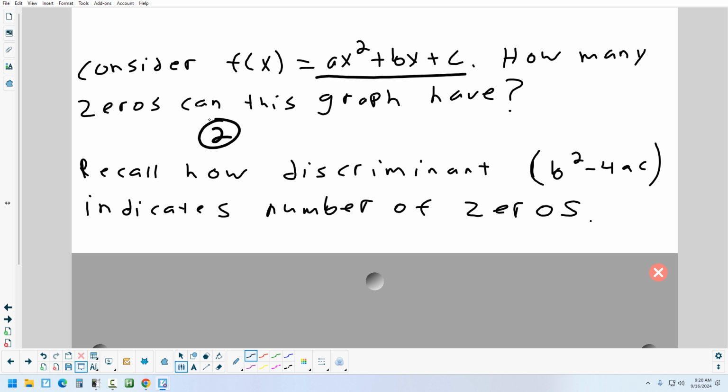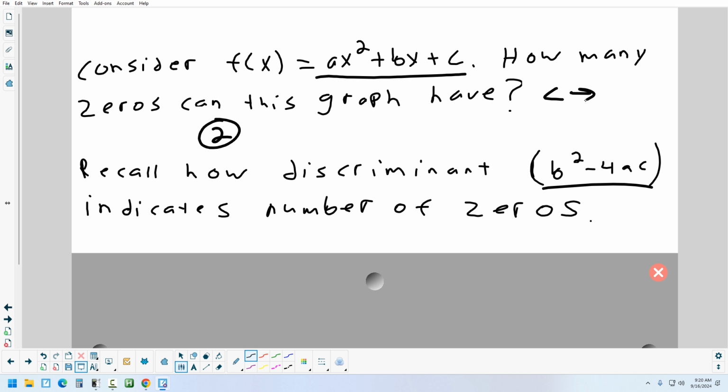Now, the way you can quickly figure out how many times it crosses the x-axis is the discriminant. That's the part in the quadratic formula that's under the root. That tells you how many times it crosses the x-axis. So remember, it can come out 3 different ways. If this comes out less than 0, does anybody remember what that means?